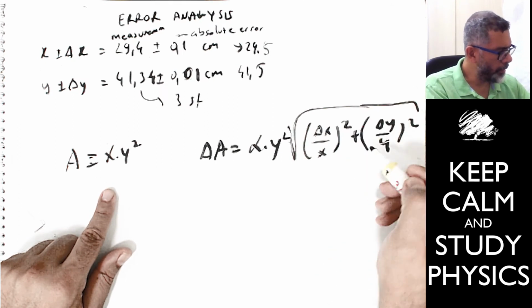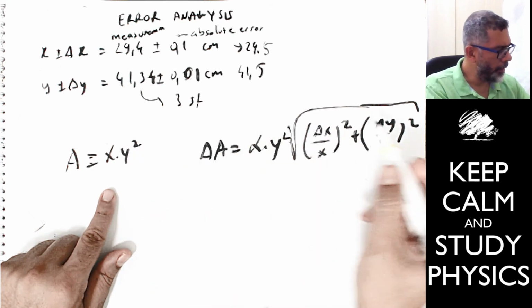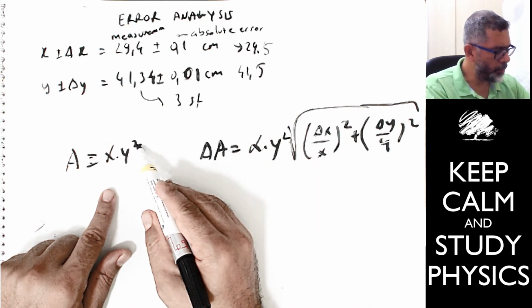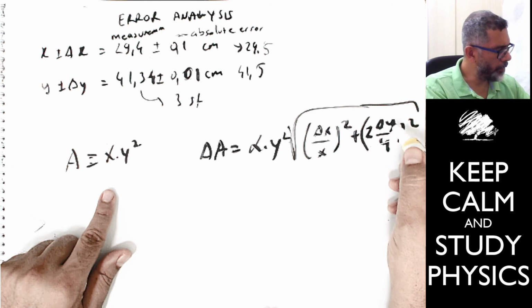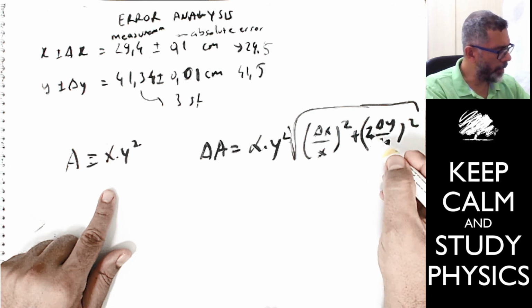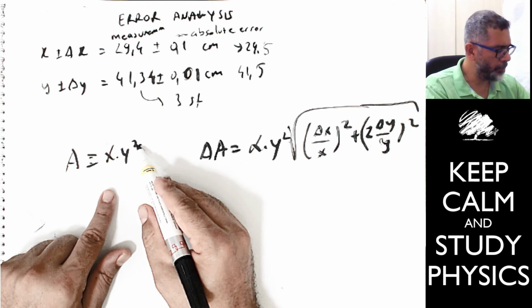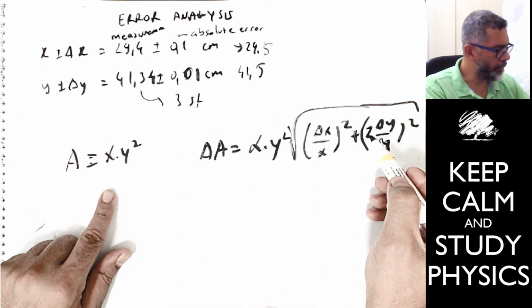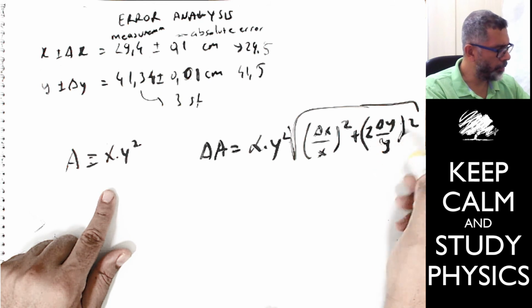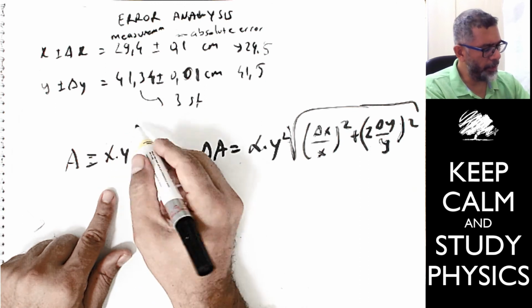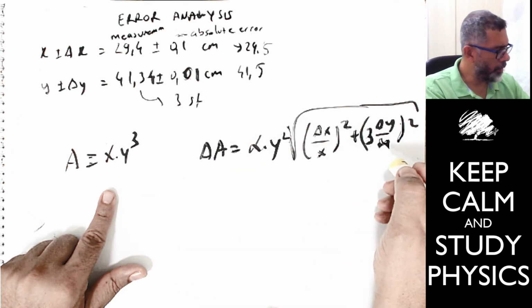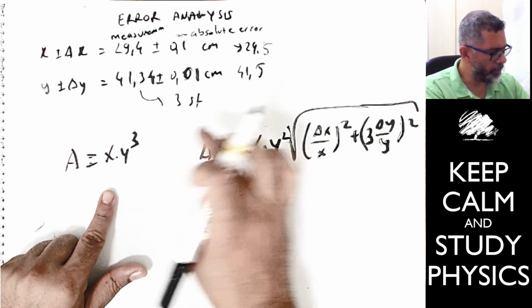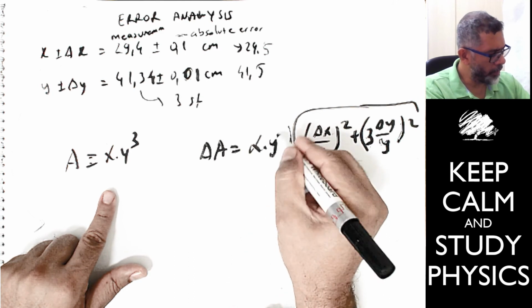Since the power is only on y, you just bring this 2 as a factor in front of your relative error in y: 2 times delta y divided by y, all inside the square root. So if this were 3, that means this will be 3. Whatever the power is, it comes over here. Of course, if this is 3, you also have to modify a to have y cubed.